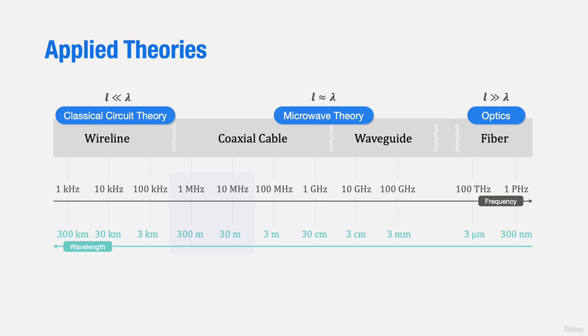That's because the signal wavelength is short compared to the cable of tens of kilometers, which is a relative problem. In the next few videos, we'll talk about transmission line theory.